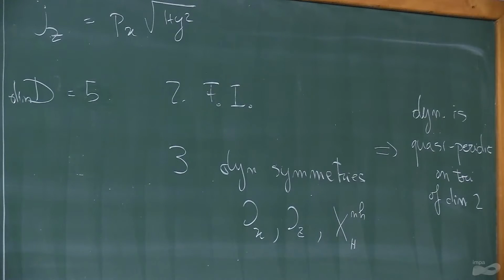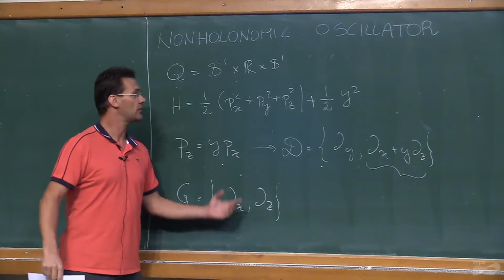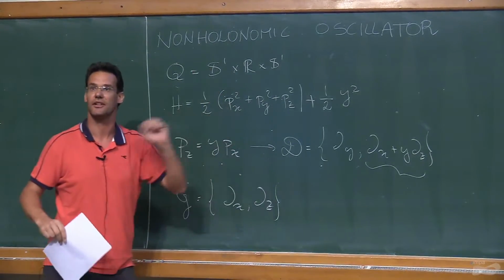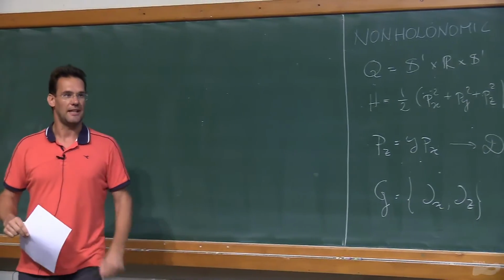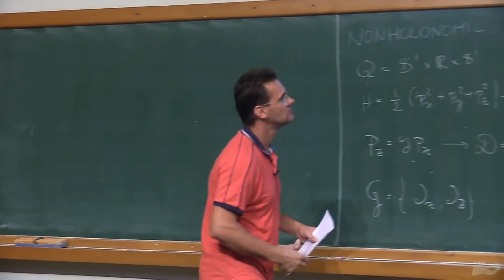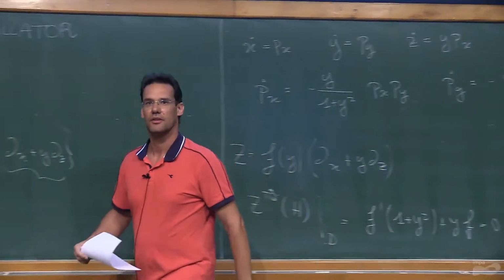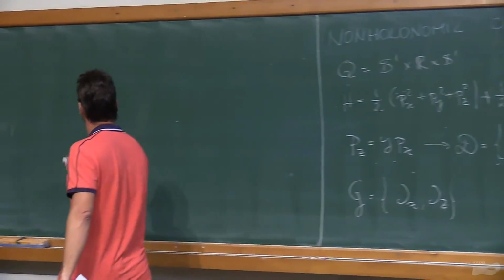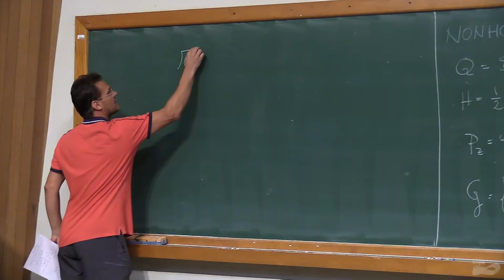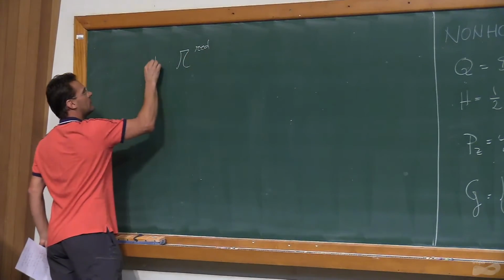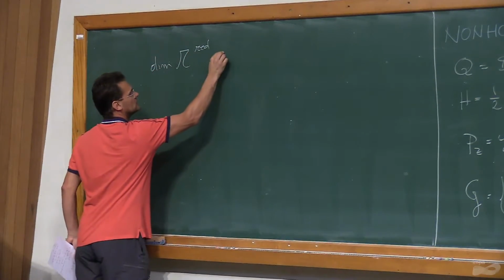One can play a little bit again and say, well, there are also these two symmetries I can reduce. I can reduce because everything is invariant, so I can define a reduced dynamics. Just put away this equation and this equation. So the reduced dynamics takes place in the reduced space of dimension 3.